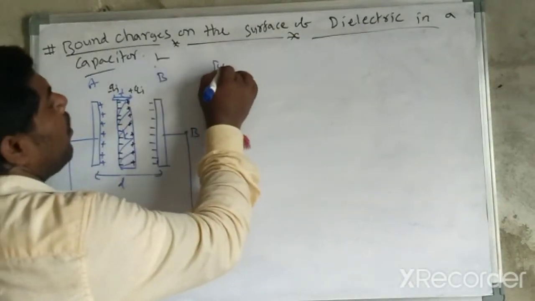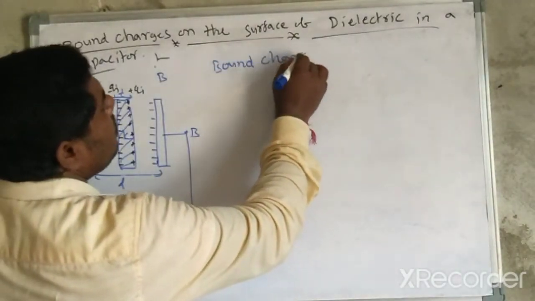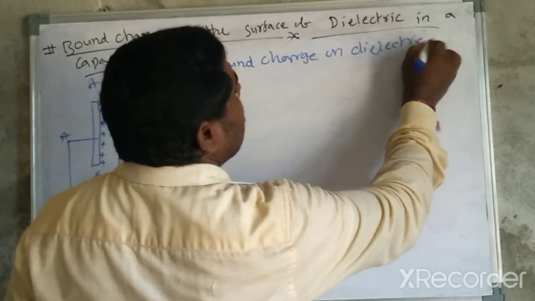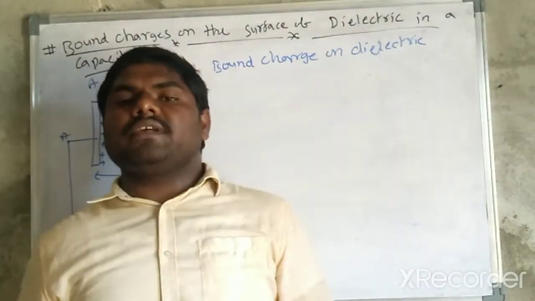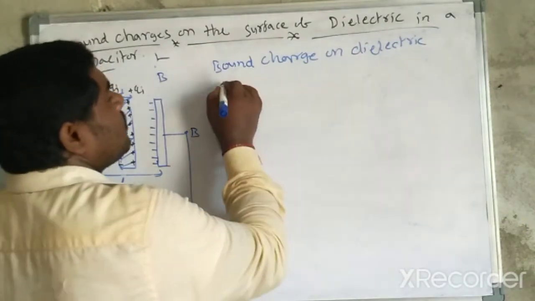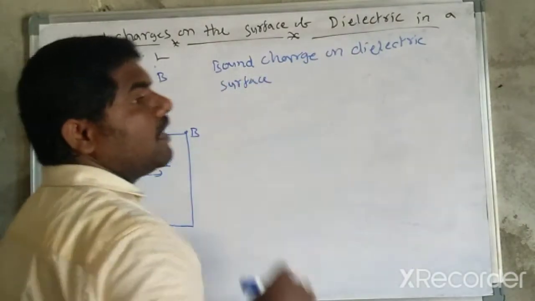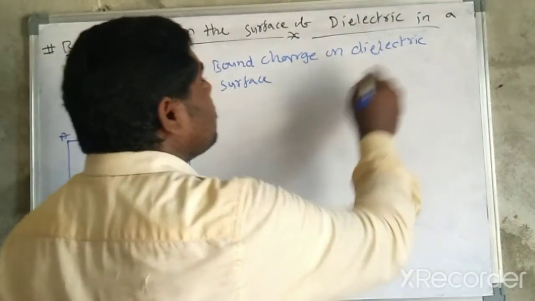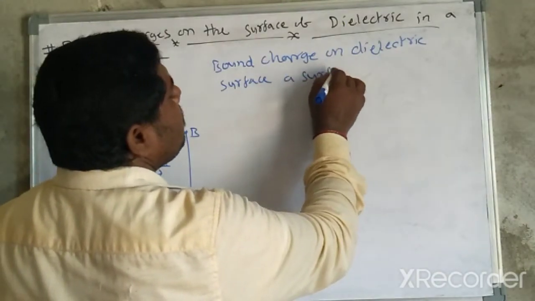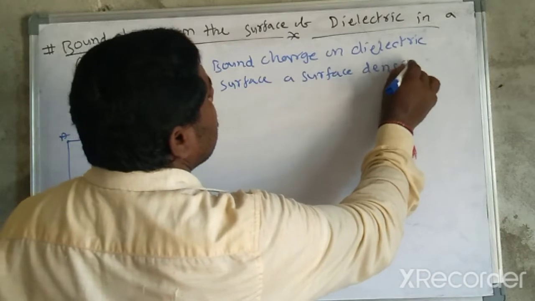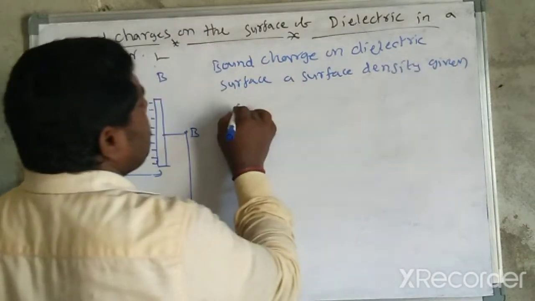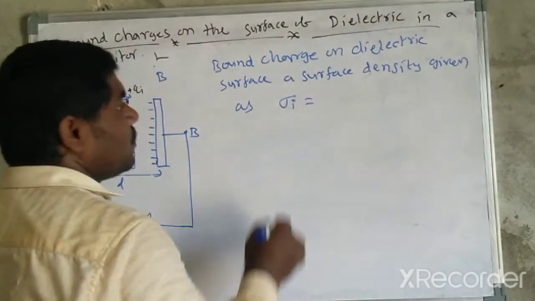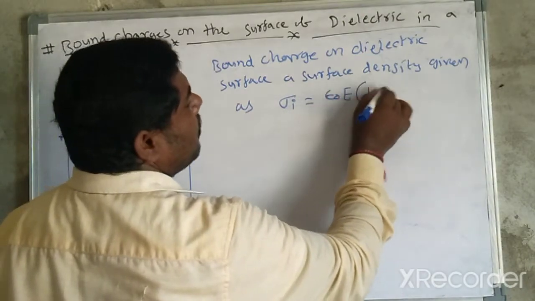The bound charge on the dielectric surface has a surface density given as sigma i, the induced surface density, equal to epsilon naught E into (1 minus 1 by K).